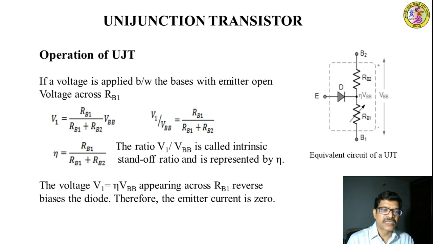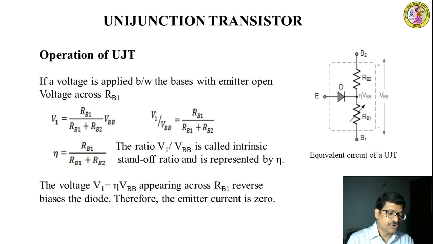Voltage across RB1, that is V1, is given by RB1 divided by RB1 plus RB2, the whole into VBB. V1 by VBB is equal to RB1 divided by RB1 plus RB2.